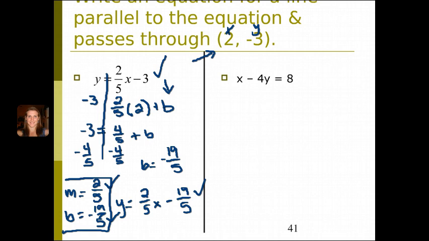On our second example, again, it's a little more challenging because we have to solve for y first. So when we solve for y, we subtract x from both sides. You're left with negative 4y equals negative x plus 8.